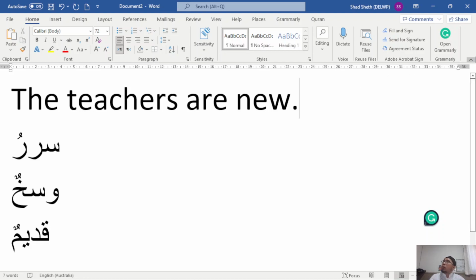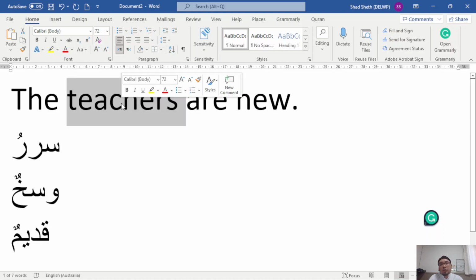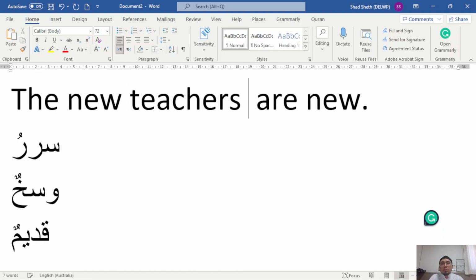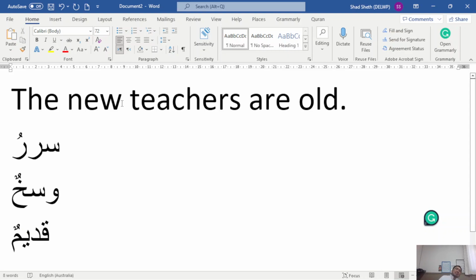Okay, more examples. Instead of learning something new, the teachers are new. Oh, we did this already. The new teachers are old. I'm using the same vocab because it's more about the rule, and they don't want to confuse you too much with vocab. Al-mudarrisuna jududun, not jadiduna.